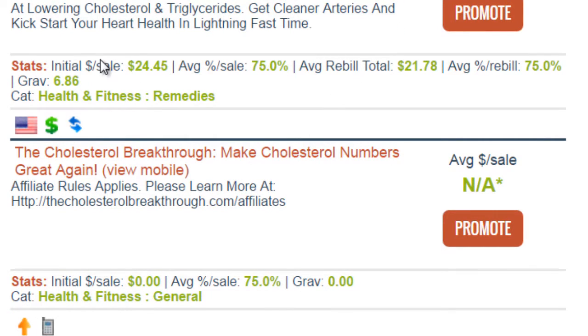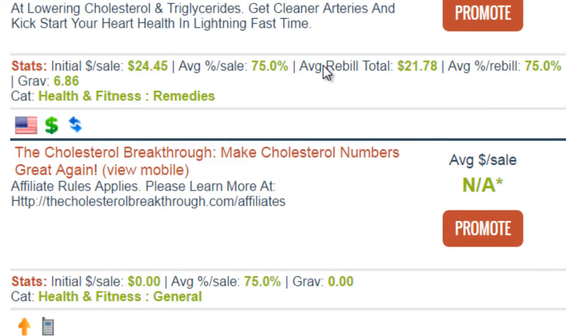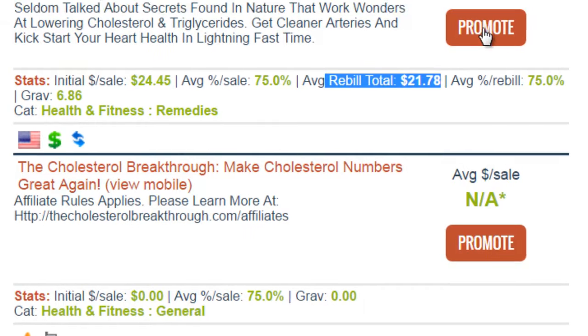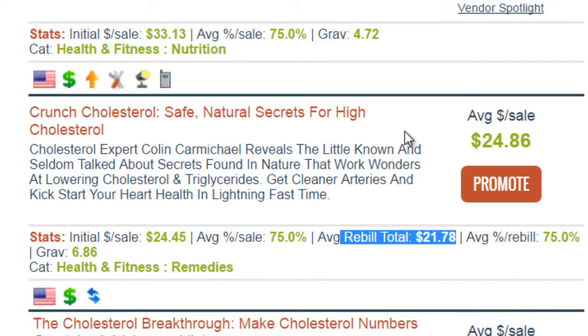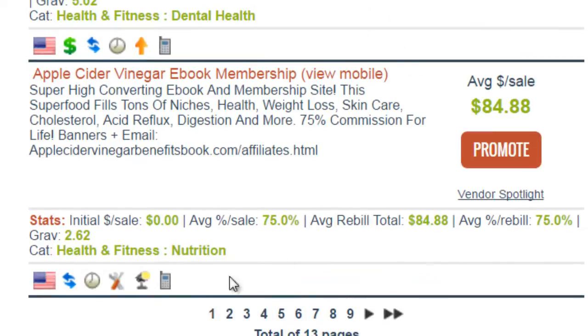And as you can see here, the initial sale is $24.45, and that means that you're going to get that amount of money. And some of these have rebill. So some of these have recurring membership sites attached to it. So if you sell it once, you can get paid over and over again over the course of a few months.